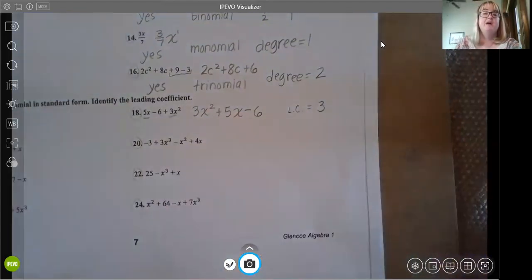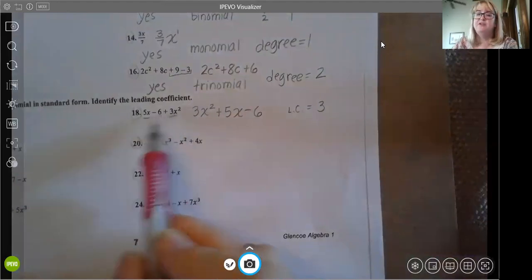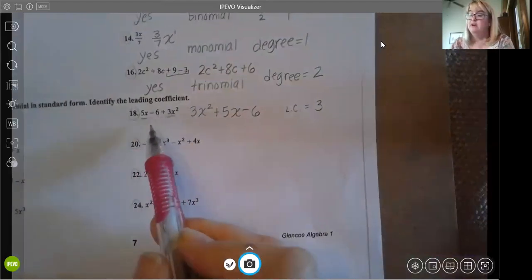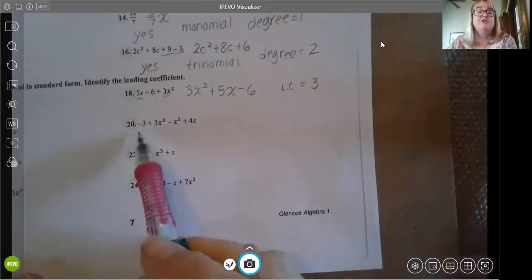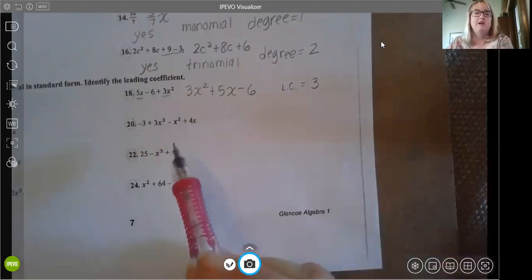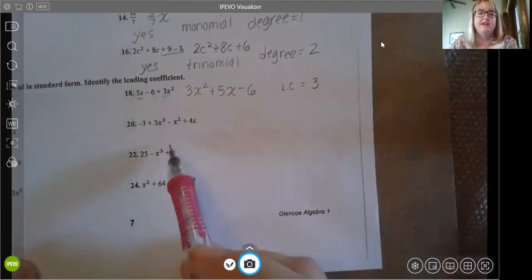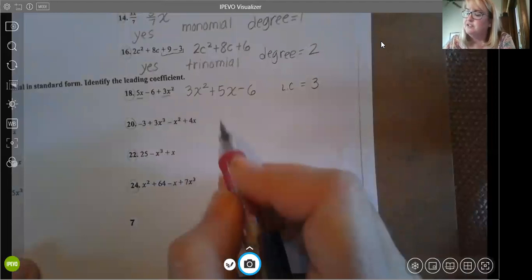Okay. Also, I should have mentioned this, but you always should see if you can combine like terms, and we couldn't here. Let's double check this one. Can we combine like terms? I'm saying no. Okay, so let's look for the highest degree. Well, the highest degree is this x to the third, so we need to write 3x to the third first.